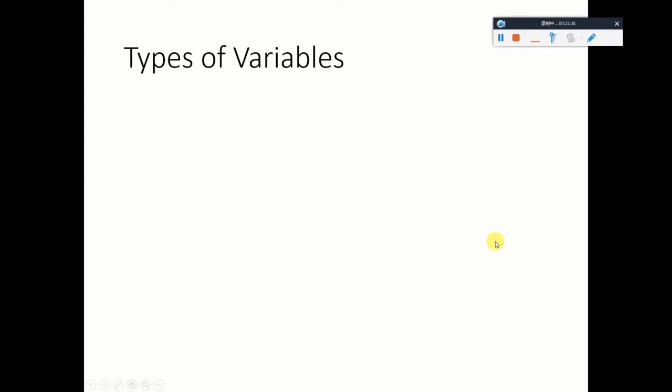So at this point, after we have a basic understanding of what variables are, and of how we can plot how two variables are related to each other, we can start to talk about different types of variables.